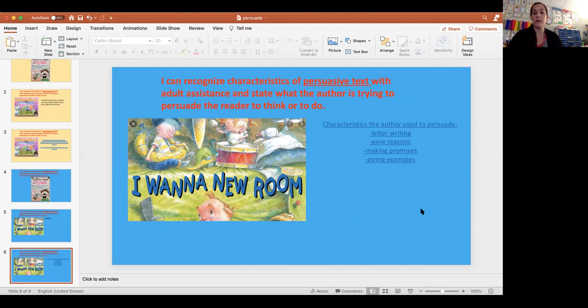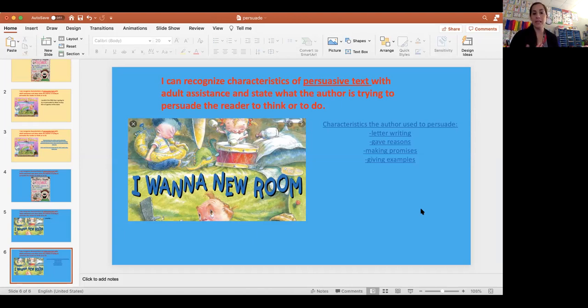All of those are characteristics of how others can try to persuade you to do something. You can write a letter. You can even put it in a commercial like we've seen before. Always give reasons. People make promises sometimes and tell you what they're going to do to try to convince you to change your mind, and giving examples to help sway you or convince you to make that decision.